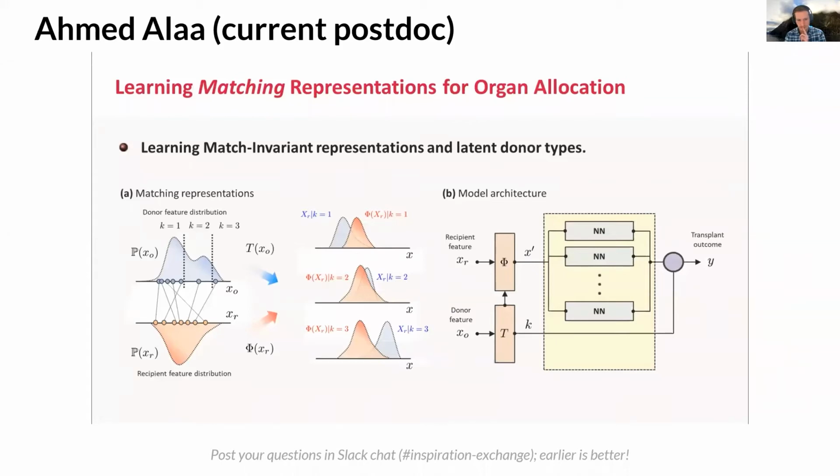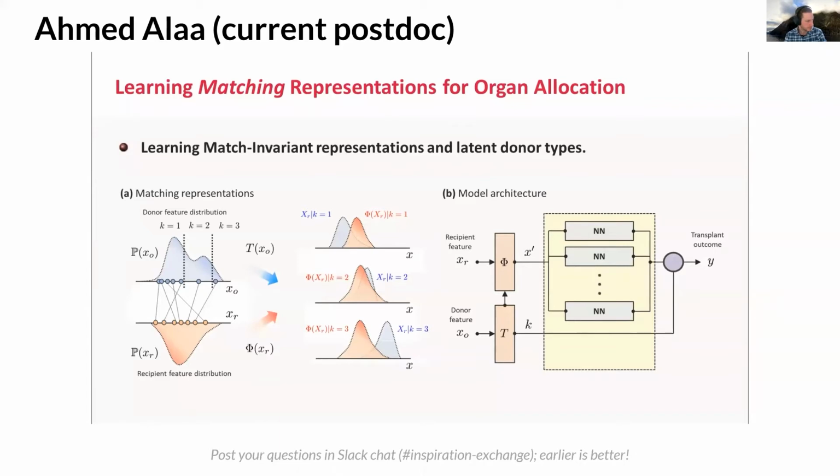And then we learn these matching representations, which are maps that map the recipient features to a new feature space where the distribution of the transformed features is invariant to the donor types.